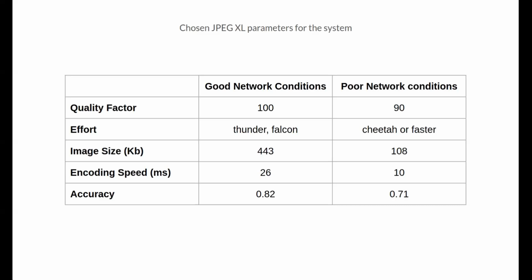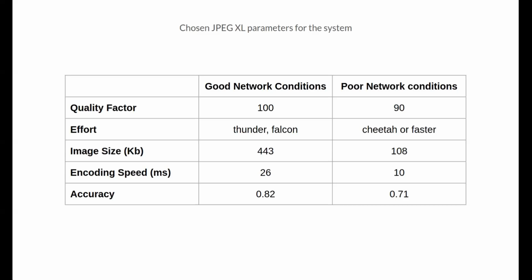With these results, we were able to choose what we believe are the optimal parameters for our system. In good network condition, we choose a quality factor of 100 and the efforts Thunder or Falcon. These parameters yield an average image size of 443 kilobits, an average encoding time of 26 milliseconds, and an average accuracy of 92%.